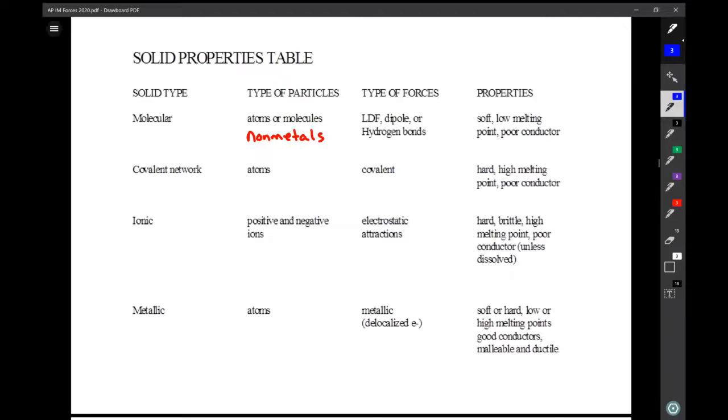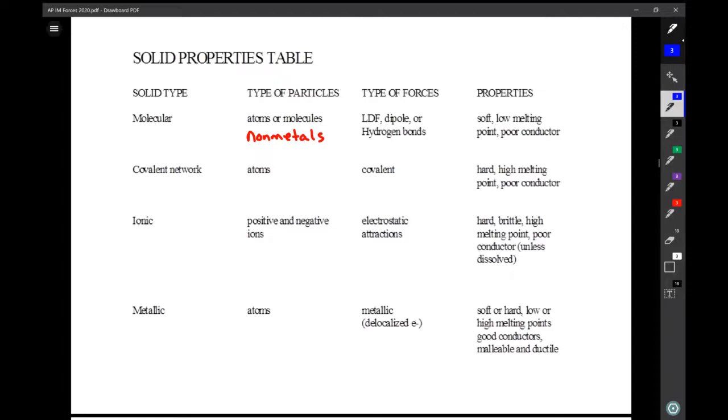The melting point of table salt is really super high, like 1,000 degrees Celsius, something like that. Poor conductor of electricity, unless it's dissolved. So that's a key there. If it's dissolved, you have those free-flowing positive ions and negative ions. That helps in the conductivity, but solid ionic compounds will not conduct electricity.